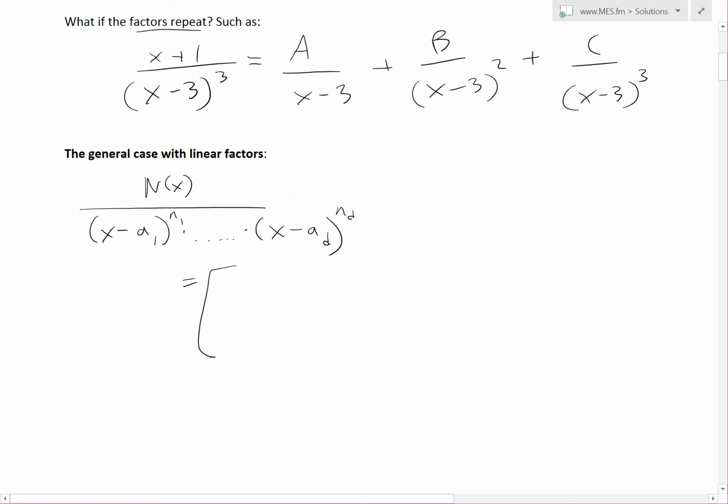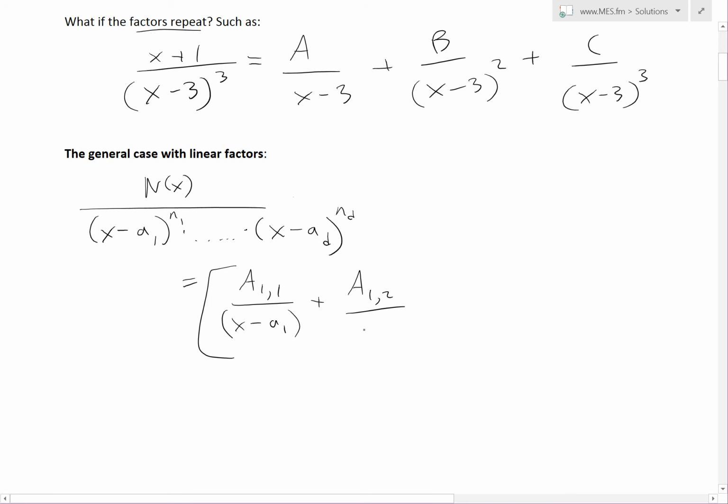Now we'll have it like this: a1,1 as the coefficient over x minus a1, now plus a1,2 over x minus a1 squared. The reason I'm doing this is because we're going to have to do this for every single one of these factors.